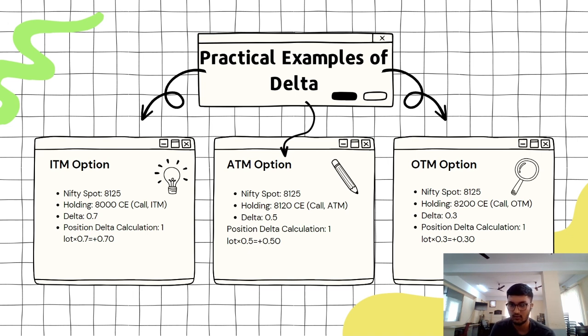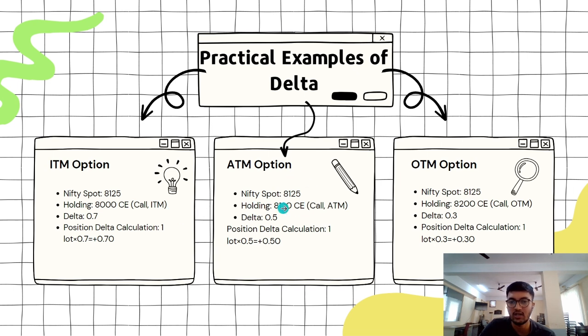I just told you that an in the money option will have a higher delta, so 0.7 in this scenario, since 0.5 to 1 was the range. So the position delta calculation will be: every 1 rupee change in the underlying, in the Nifty, will result in a 0.7 move in the premium when I'm holding this 8,000 CE.